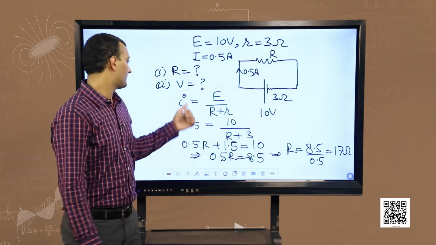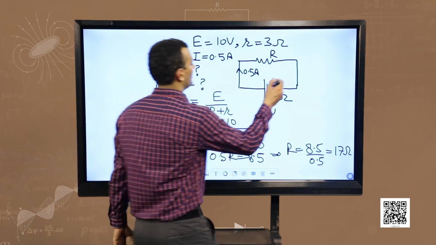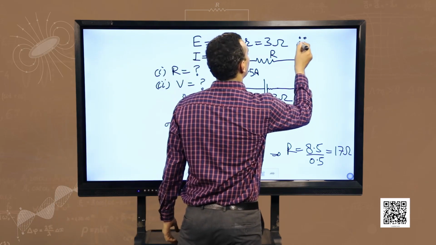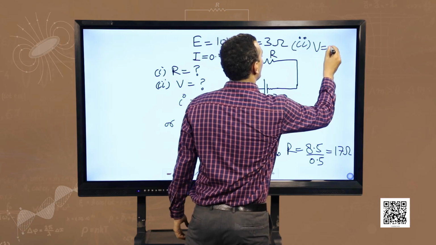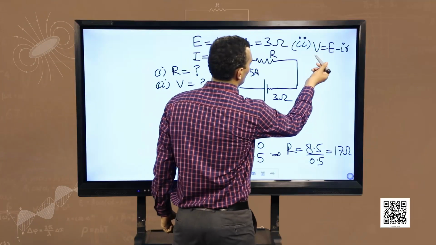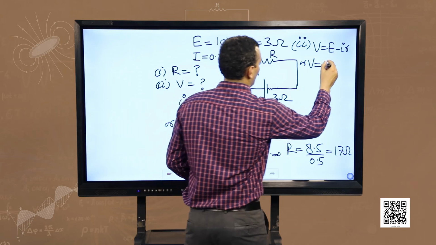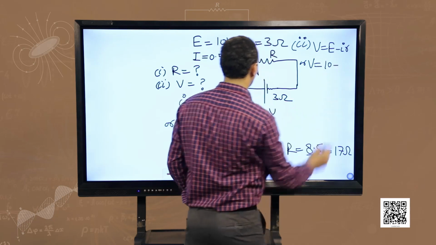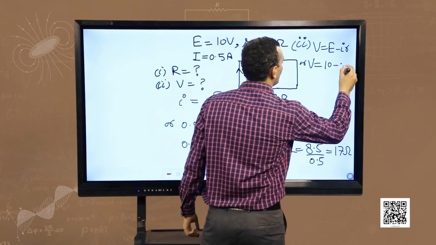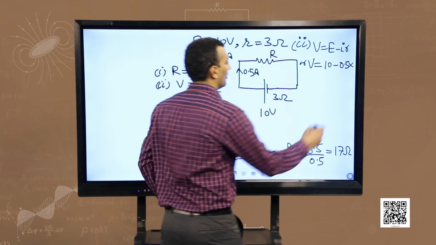The second part: we have to calculate the terminal potential difference, and as we know, the relationship is V equals E minus Ir. So, we have to calculate V. E is 10, I is given 0.5 and r is given to be 3 ohm.